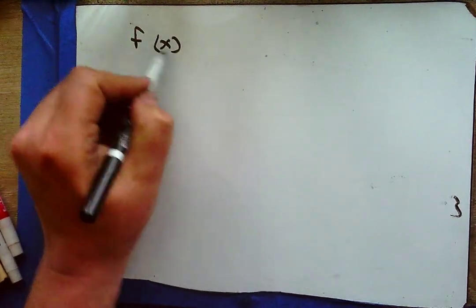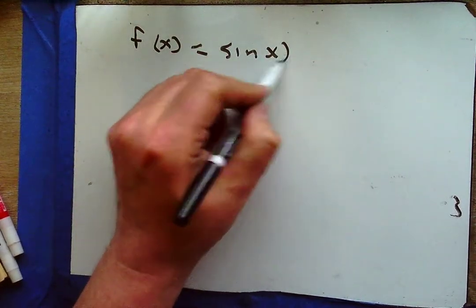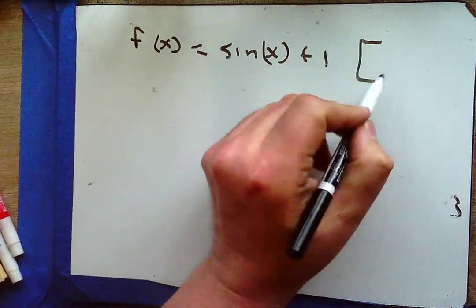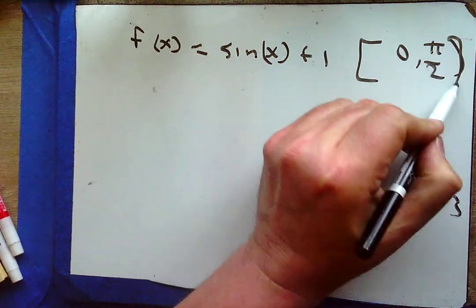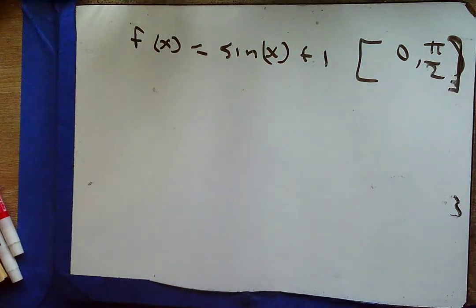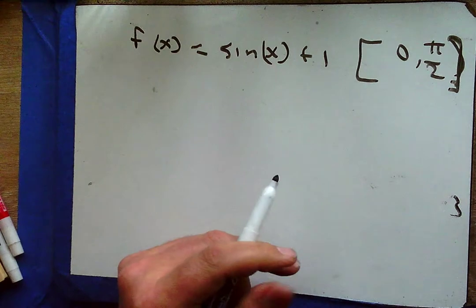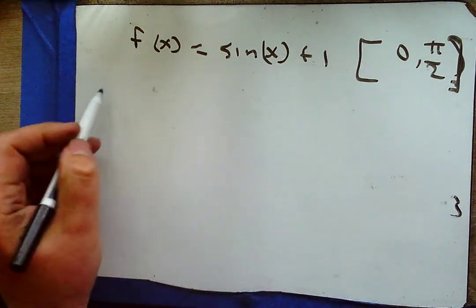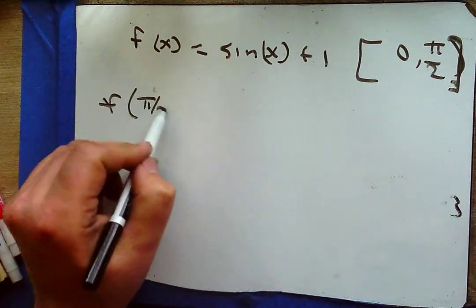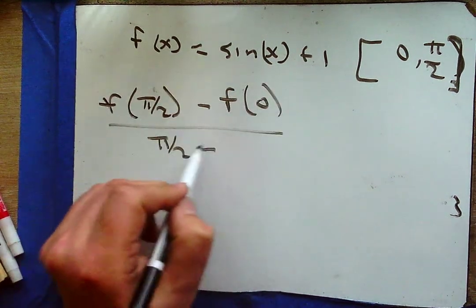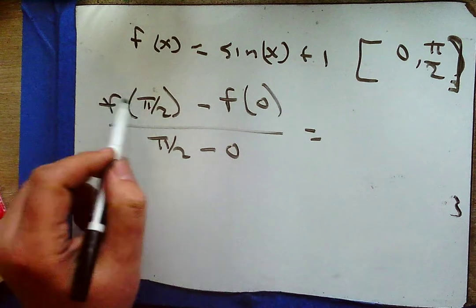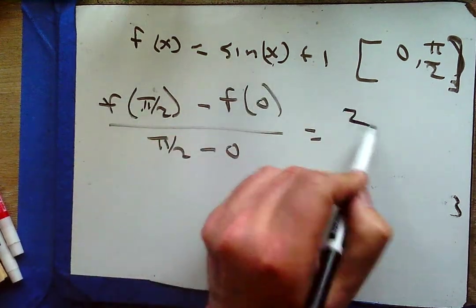Okay, 21 asks me to find the average rate of change for f of x, which is sine x plus 1, on the interval from 0 to pi over 2. Wow, that's interesting formatting it printed. That's very uncomfortable. Okay, so average rate of change is going to be f of pi over 2 minus f of 0 over pi over 2 minus 0. So f of pi over 2, I plug a pi over 2 in.